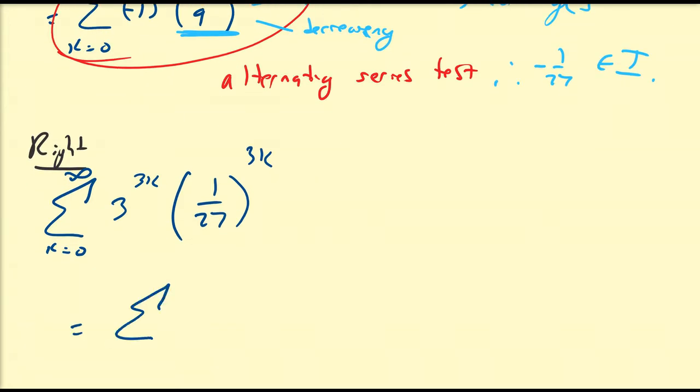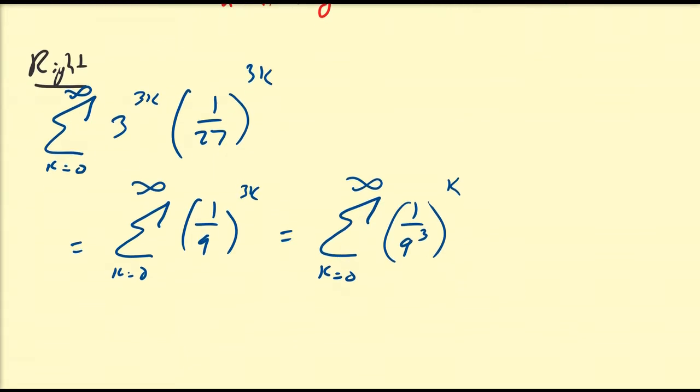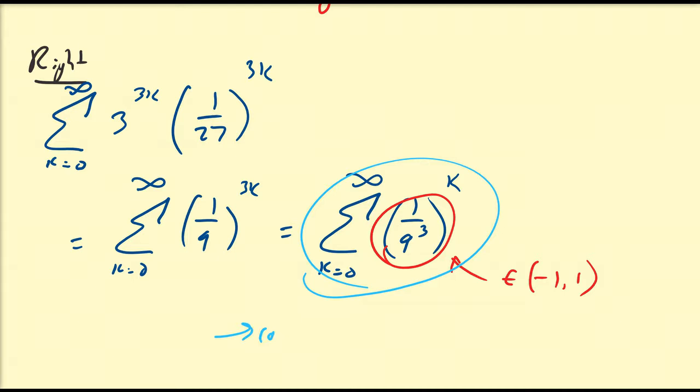So we can rewrite this as the sum from k equals 0 to infinity of 1/9 to the power 3k, which is the same as the sum from k equals 0 to infinity of (1/9 cubed) to the power k. So this number here is in between negative 1 and 1, so that means this converges by a geometric series test.